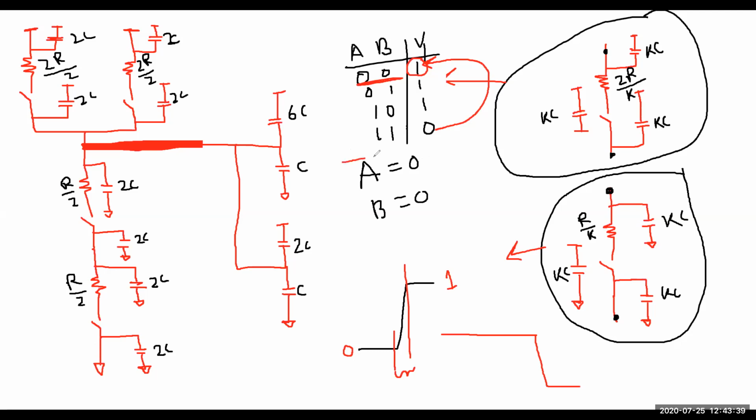So that's why they have given you the input. Otherwise, if they do not give the input, you will not get the fall delay or rise delay. So for 0 0, for this input your output is becoming 1, that means you will get a rise delay. And when will you get a fall delay? When both inputs are 1. Yes, when both inputs are 1, that time you will get a fall delay. That's why inputs are important.